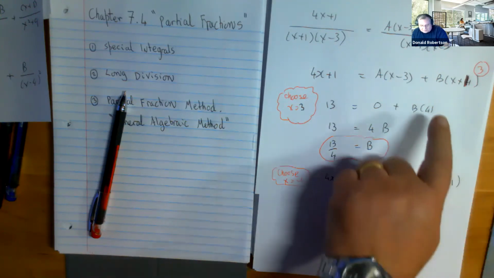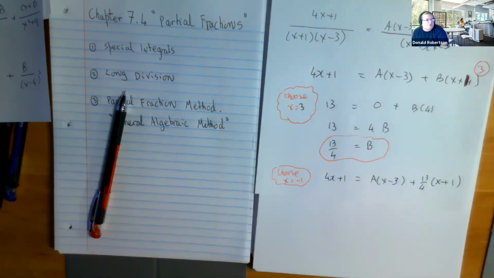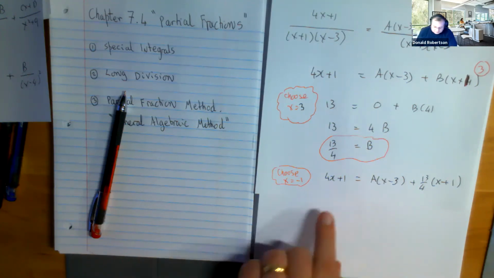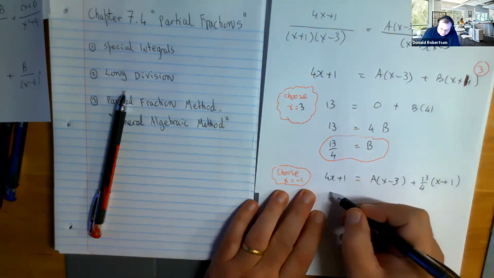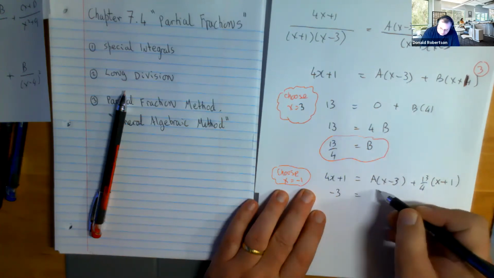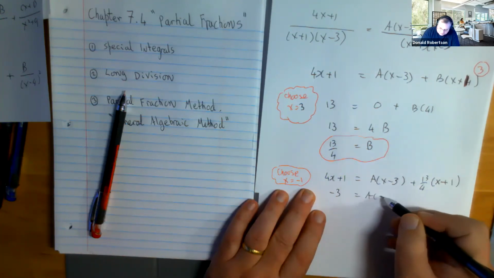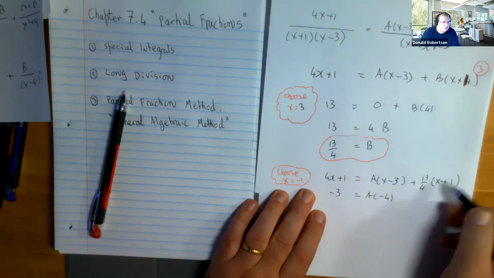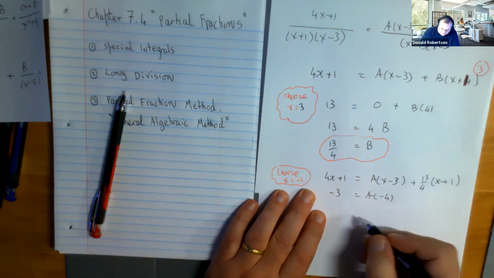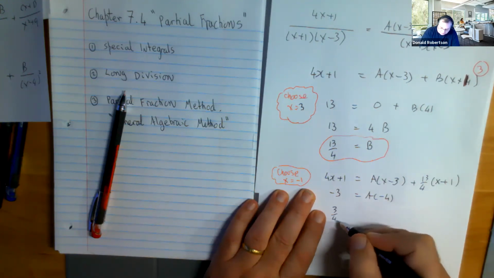Now, I could have left it as b, but if you know what it is, shouldn't you call it what it is? It's 13 quarters. Right? Okay, what's going to happen when you plug -1 in? Well, 4 lots of that, that's -3. Put in -1 there, you're going to get -4, but won't that become 0? And so that makes a 3 quarters.